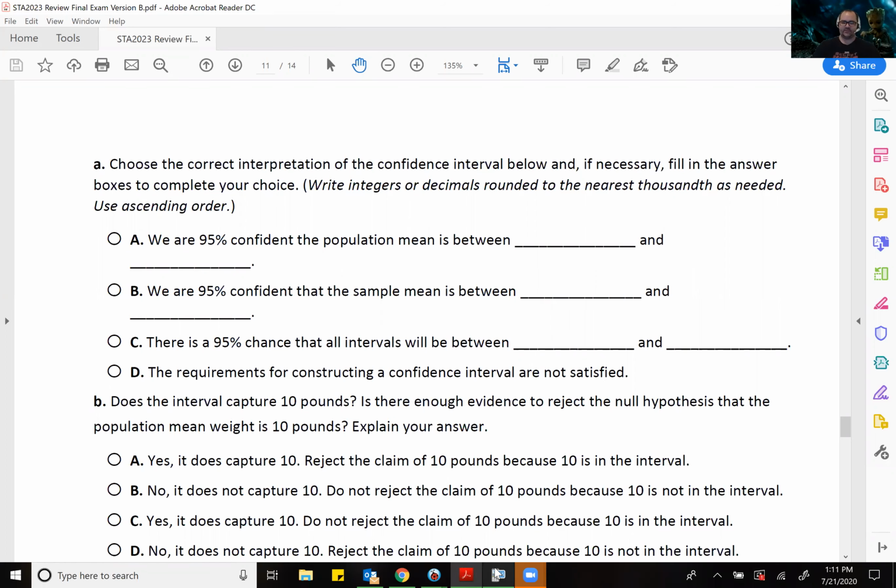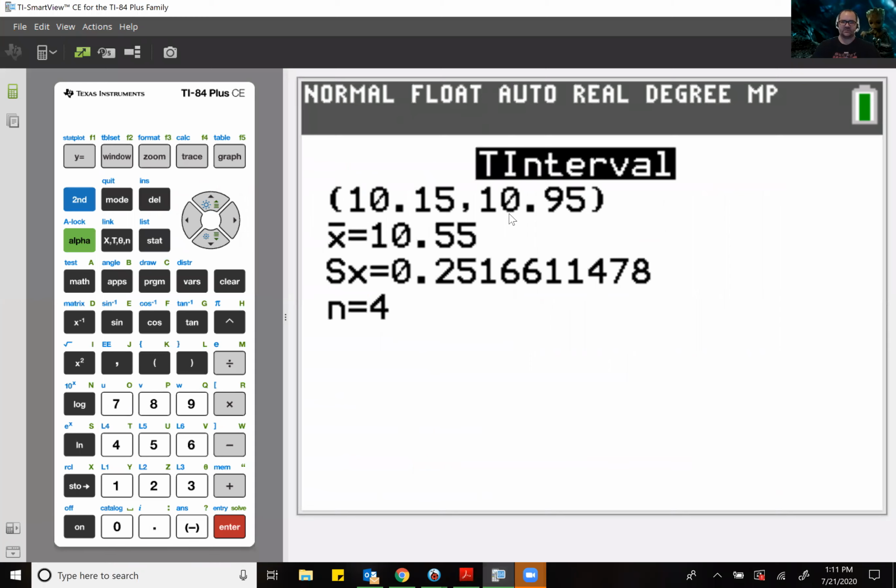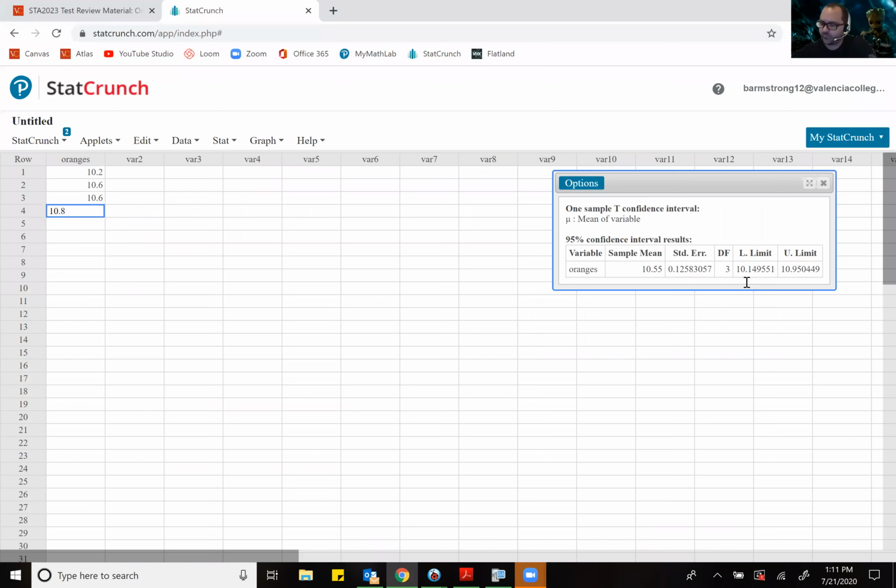Let's see what the calculator gave us, 2 decimal places, so not a good one to use. So we definitely need the StatCrunch on this. So 3 decimal places will be our lowest, 10.150.